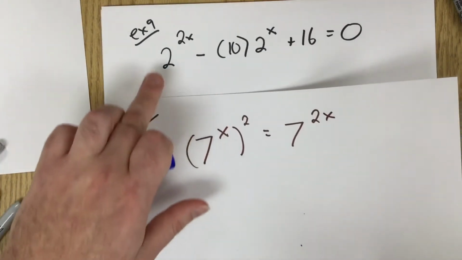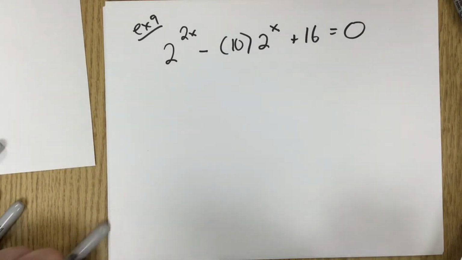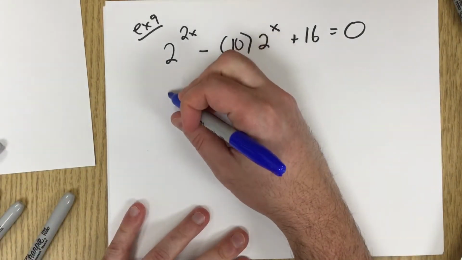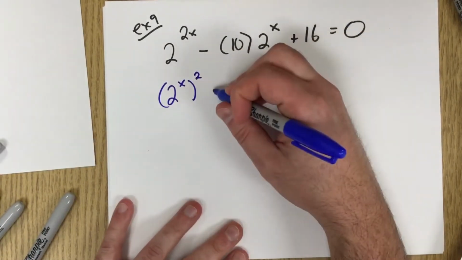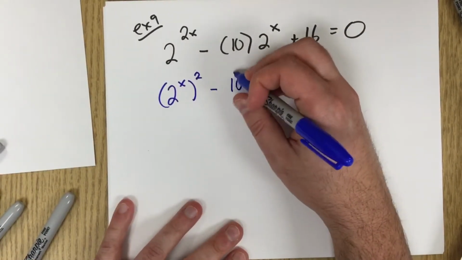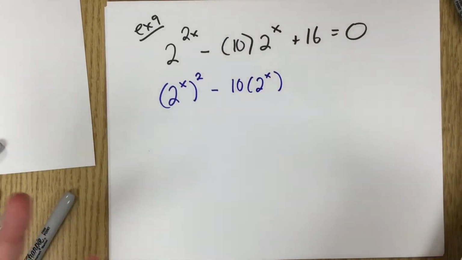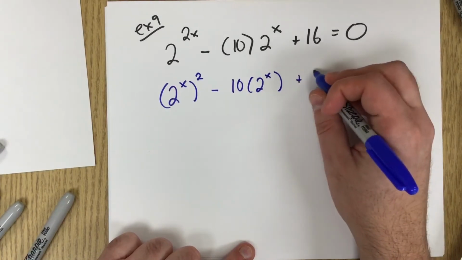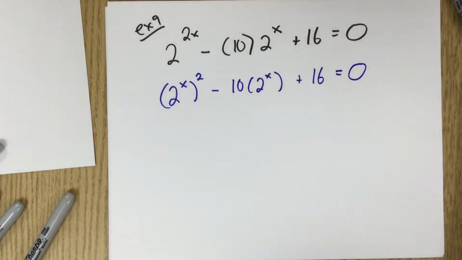So 7 to the 2x is 7 to the x squared. So 2 to the 2x is the same thing as 2 to the x squared minus 10 times 2 to the x. I move the bracket, doesn't really matter. Plus 16 equals 0.